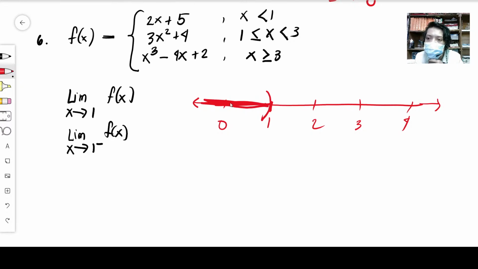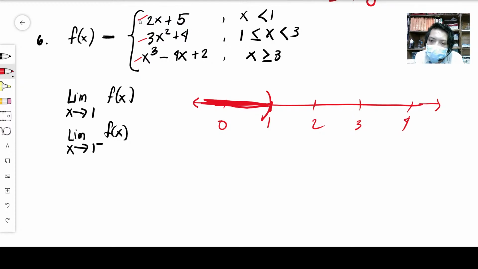Since this is a piecewise function, which of the functions will we use when x approaches 1 coming from the left? You look at the boundary condition.